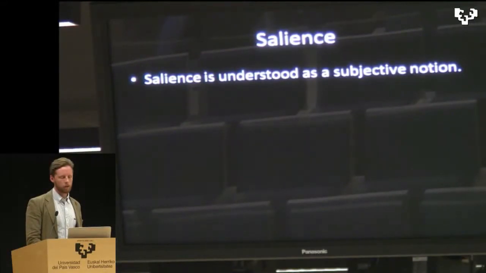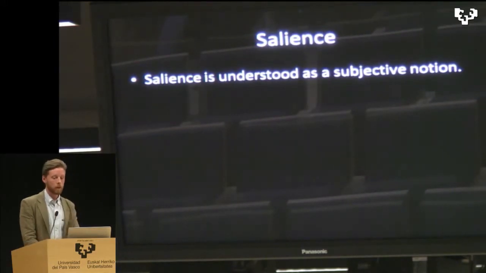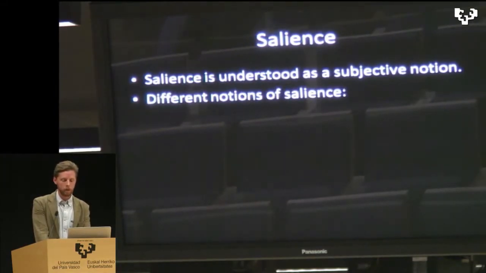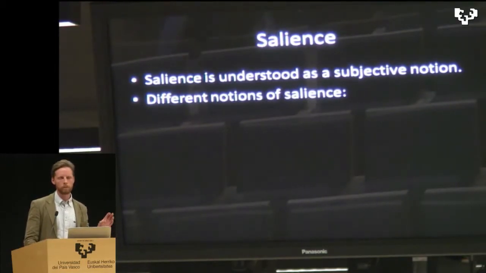I think a crucial notion here is, of course, the notion of salience, so I want to say a little bit about how I think about it. I think of it as a subjective notion. There's no such thing as objective salience. It is salience to a certain person in a certain situation.